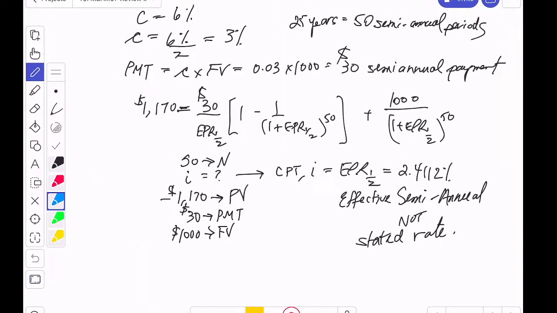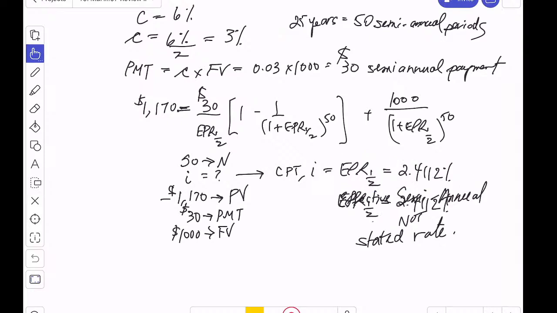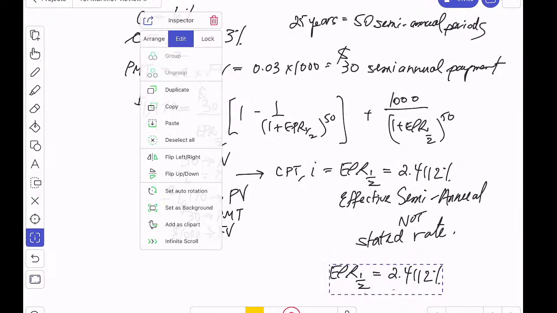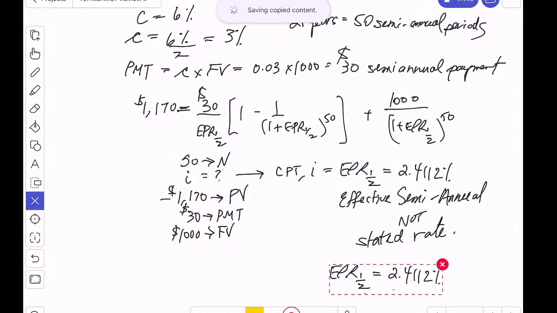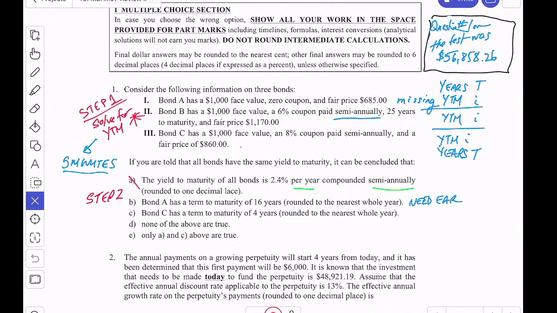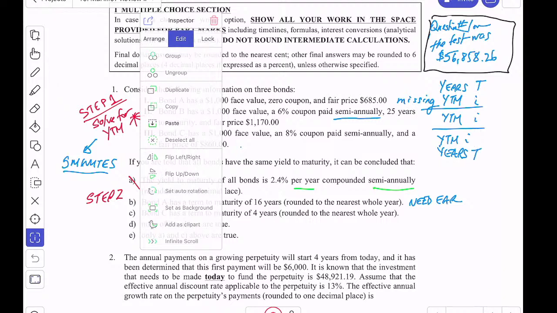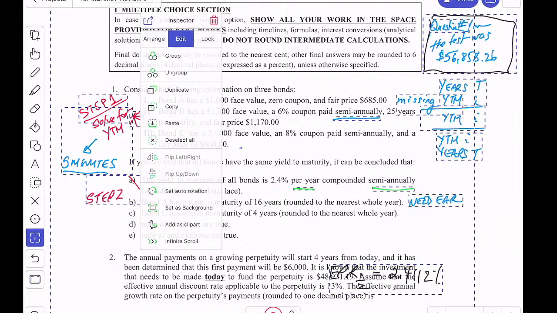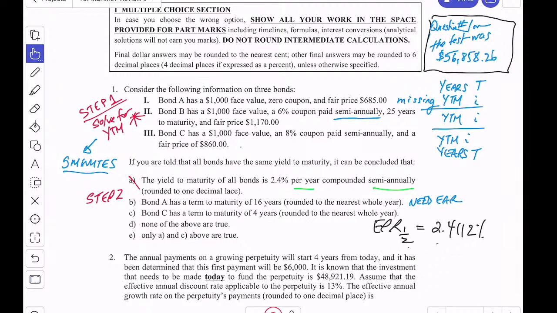So from here, you take this amount. So that's the rate.